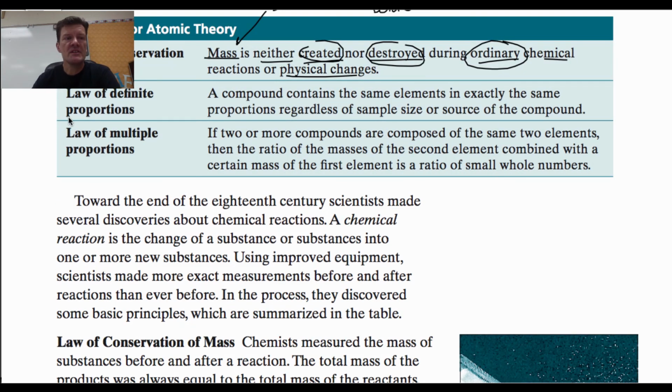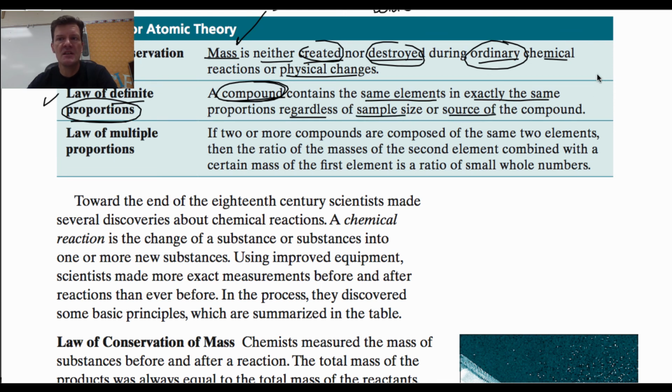All right, the other one is the law of definite proportions. Now you should know a proportion is like a ratio. This is basically saying a compound, just a single compound now, contains the same elements in exactly the same proportions regardless of sample size or source of the compound.